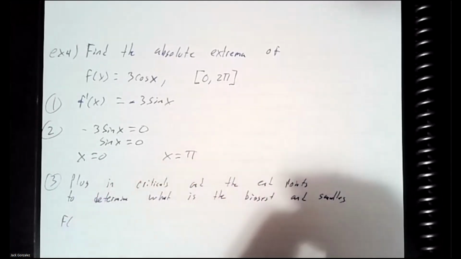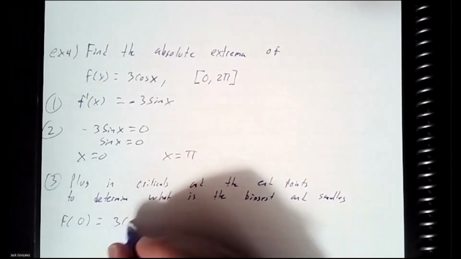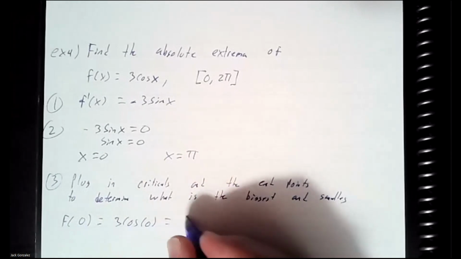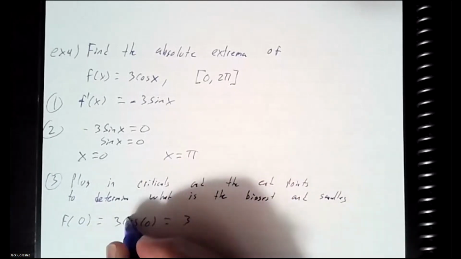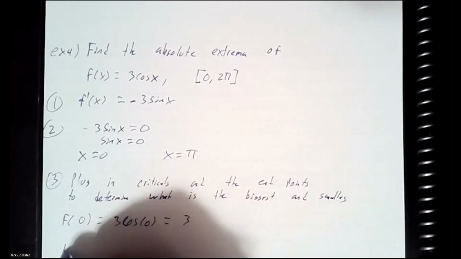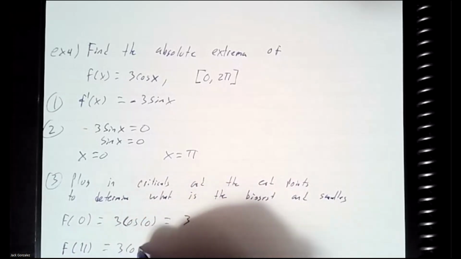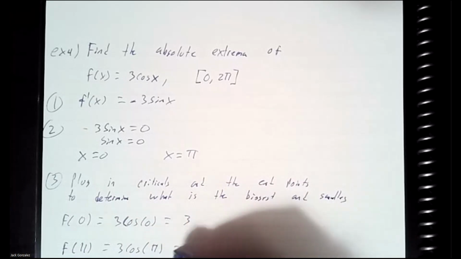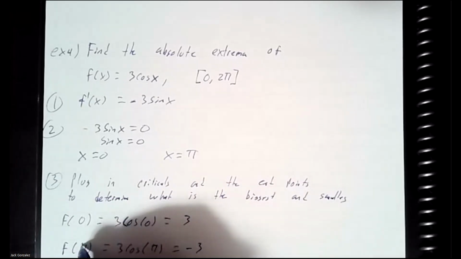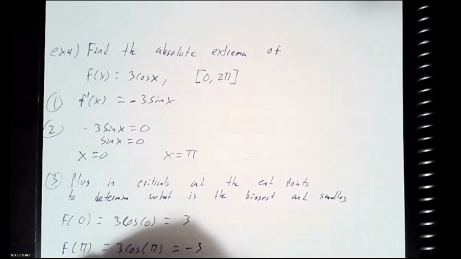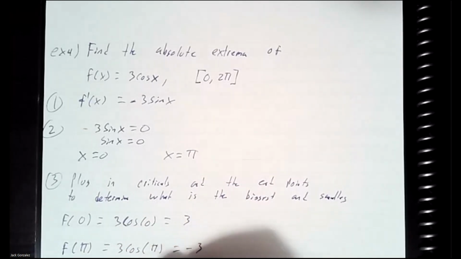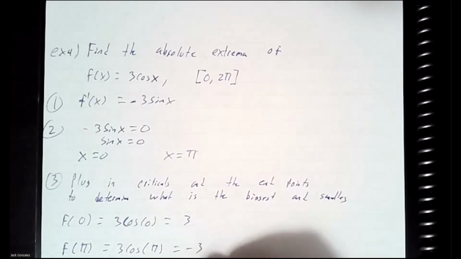All right, so here we go. f of 0 is equal to 3 cosine of 0, which is 3. f of pi is equal to 3 cosine of pi, which is -3. f of 2 pi is 3 cosine of 2 pi, which is equal to 3.